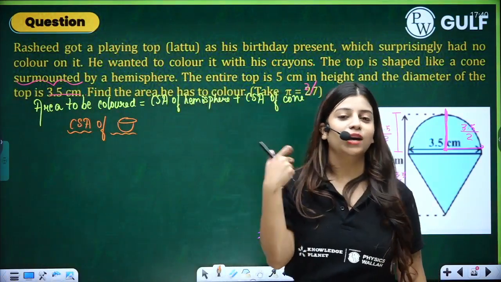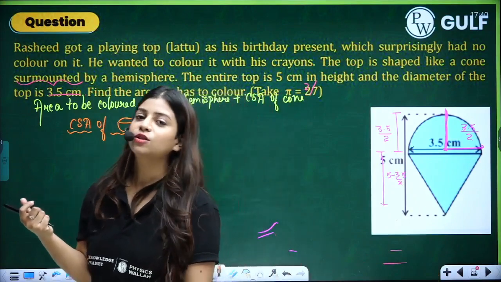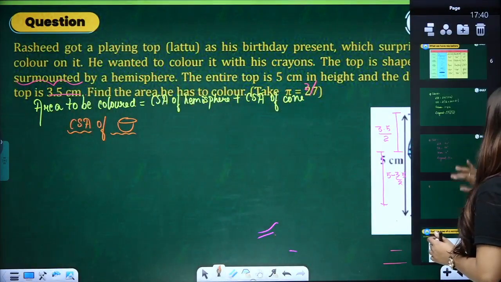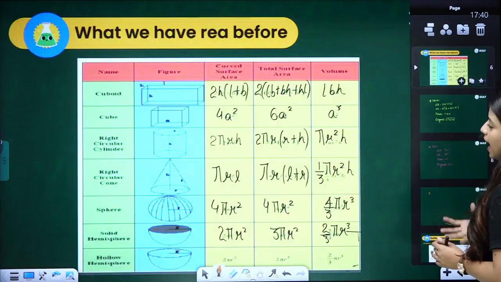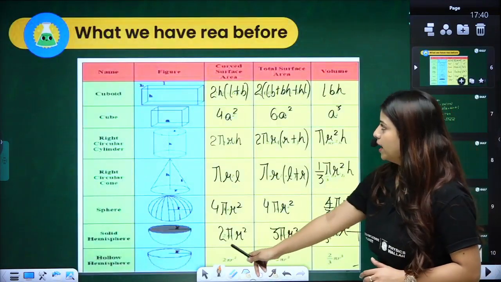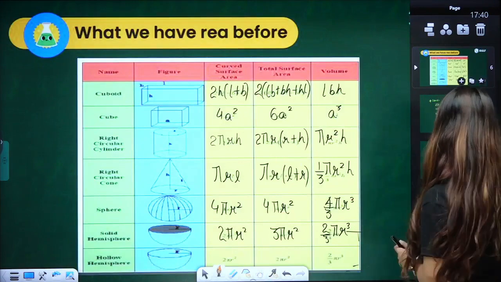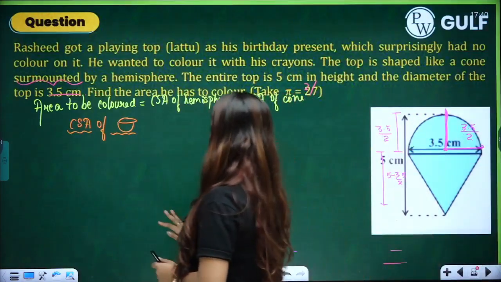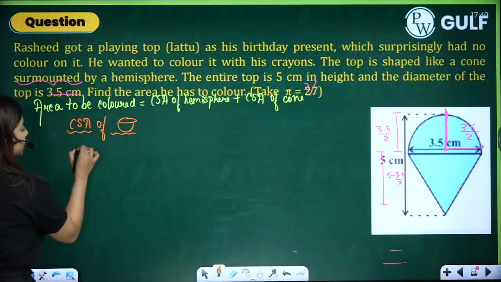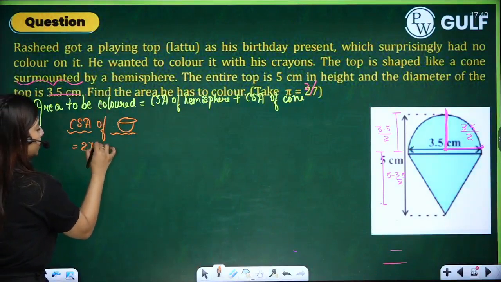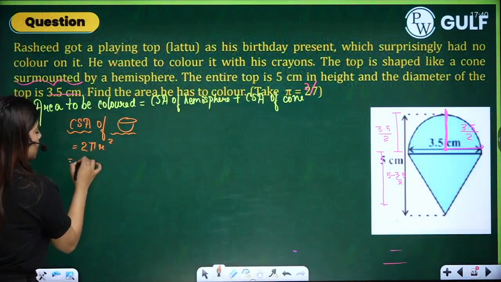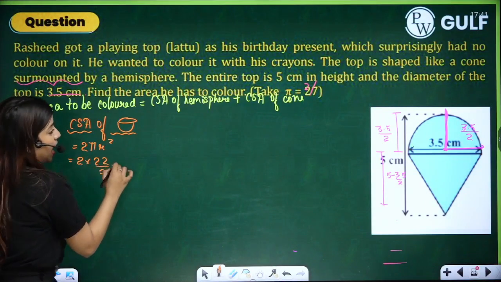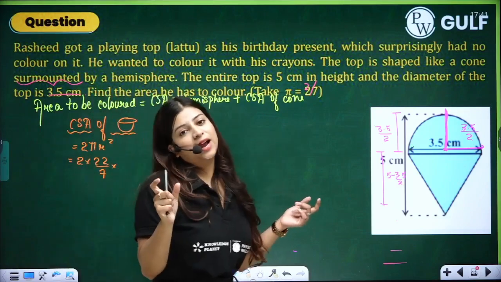If you don't remember the formula, students, you can quickly jump to the slide. And over here we have 2 pi r square as the curved surface area of hemisphere. So let's quickly solve it. Curved surface area is equivalent to 2 pi r square, which is equal to 2 into 22 by 7, and the diameter is 3.5 centimeters.